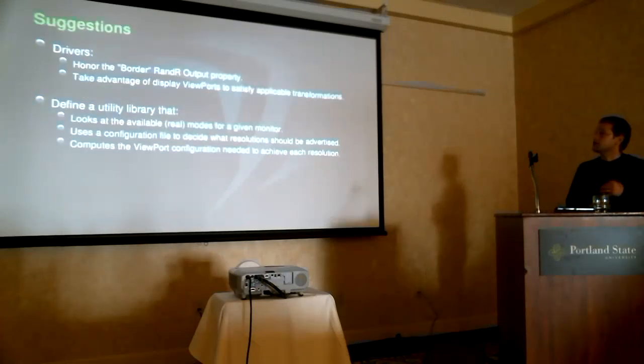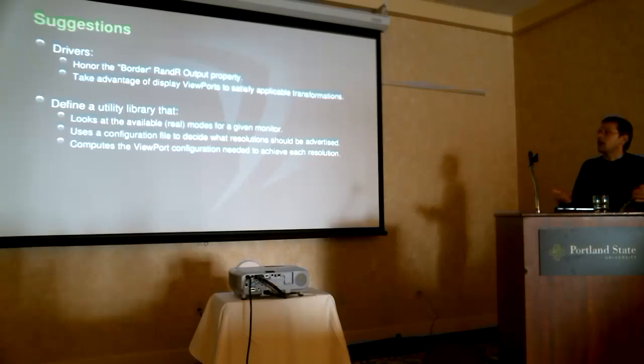I guess a few suggestions I'll offer. So honoring the border RandR output property, and offhand, I'm not sure what other drivers honor that, or if everyone does today. But to be able to specify a viewport out that's smaller than your active region, so you can do aspect scaling configuration or overscan compensation, and then where possible, taking advantage of the display hardware to honor the transformation matrices specified through RandR.